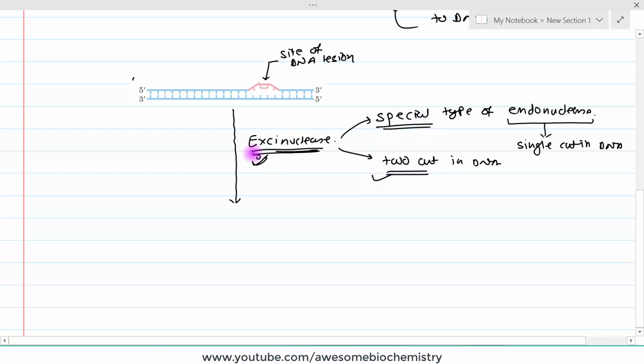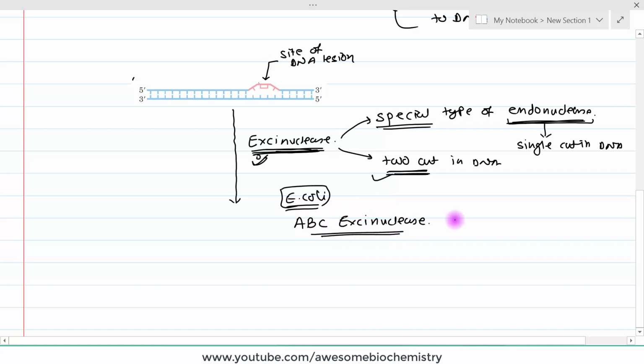So excinuclease is nothing but a special type of endonuclease which puts two cuts in the DNA. Now in E. coli, specifically, there is an ABC excinuclease. Its spelling is different from that of exonuclease, which you have to keep in mind.